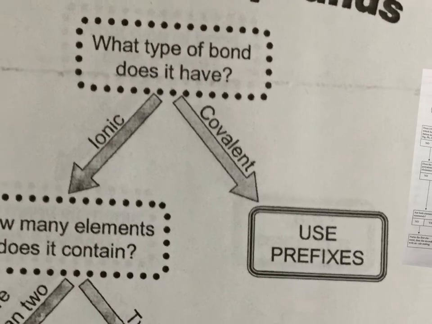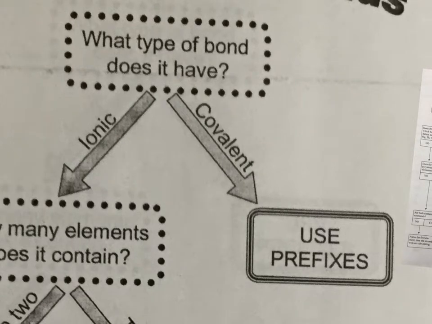What did I say we're also going to call covalent? What's that one also known as? Molecular. Molecular, good. So go ahead and write that on top of covalent, please. Okay, and how am I going to figure out if it is molecular?